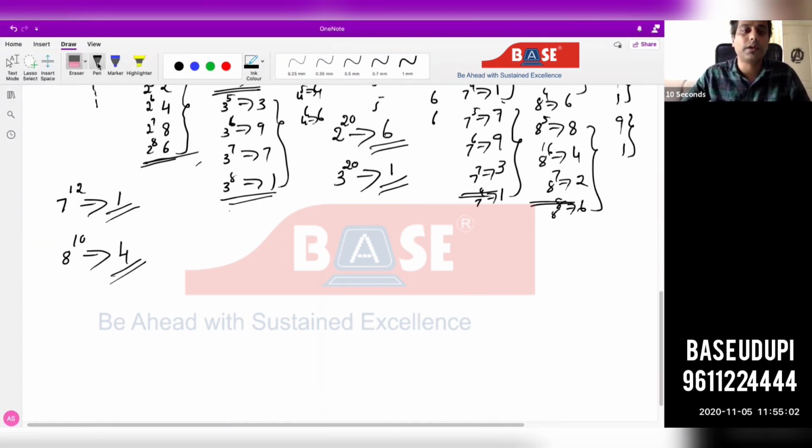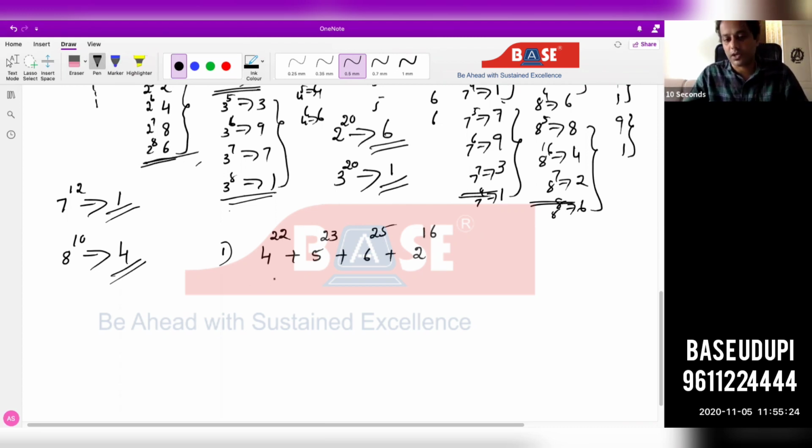Say, for example, something like this, where you have to think of it. 4 power 22 plus 5 power 23 plus 6 power 25 plus 2 power 16. Where you need to know what the series of 4, 5, 6 and 2 is. Do you need to memorize it? No. What do you need to do?